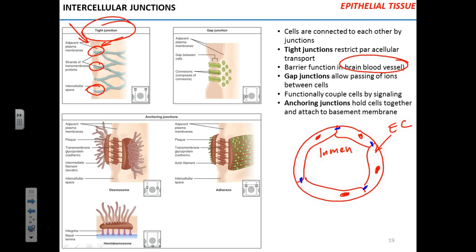Oxygen will go back and forth, no problem. We need oxygen to the body. But big molecules or even microorganisms cannot reach into the brain. Think about it. If we have a kidney infection, it's unpleasant, but we can deal with that.